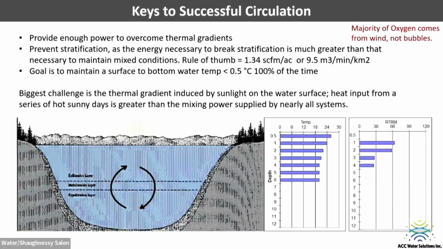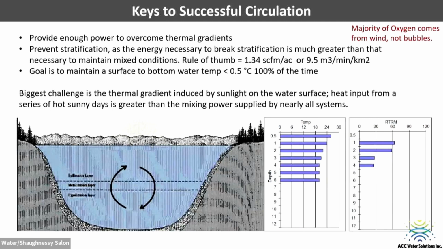We don't know what your sediment looks like. It's 80% organic, 20% inorganic, or 20% inorganic, 80% organic. If that's the case, there is no way aeration can solve that problem. So the goal with circulation technology is to maintain the temperature difference from surface to the bottom at less than 0.5 degrees Celsius.